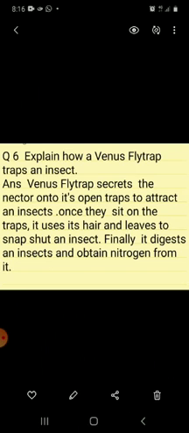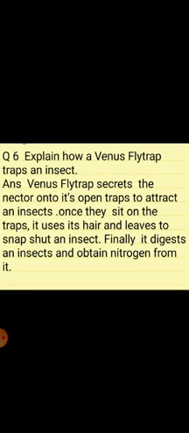What is the meaning of snap shut? Within a second they close their leaf, that is known as snap shut. Finally it starts digesting the insect. It takes 2 to 3 days or a few days to digest the insect, and from it they obtain nitrogen.